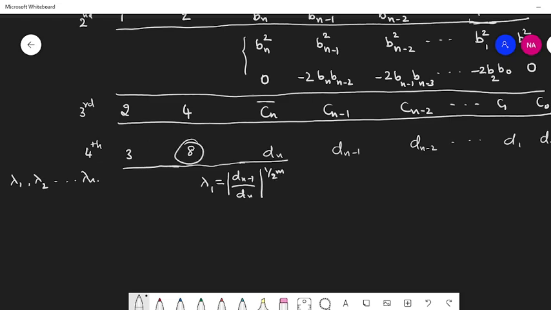Here this is the fourth iteration, so the m value is 3 and 2 power m is 8; you take the corresponding value. Lambda 2 will be the modulus of dn minus 2 divided by dn minus 1, whole power 1 by 2 power m, and so on.